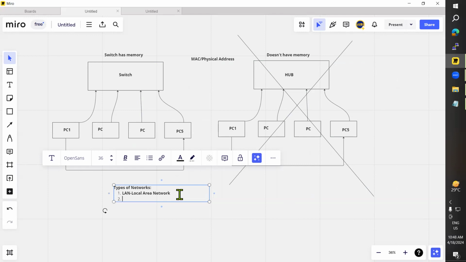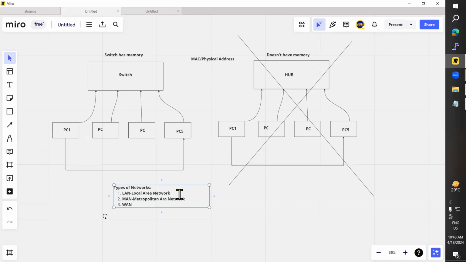MAN, Metropolitan Area Network. And the third one is WAN, Wide Area Network.